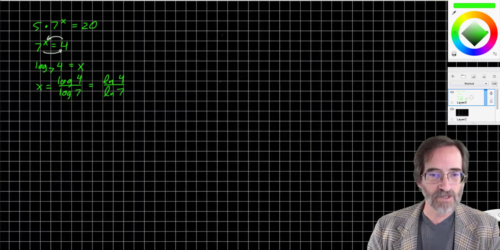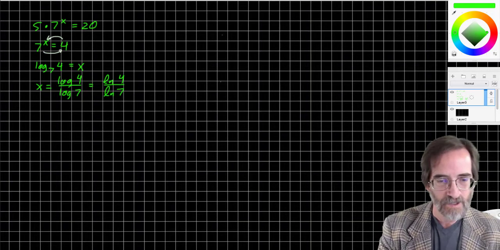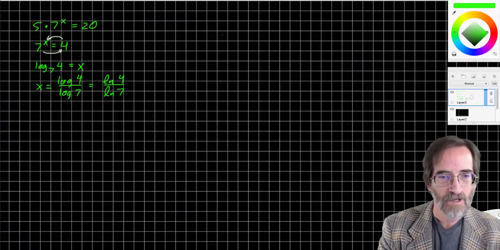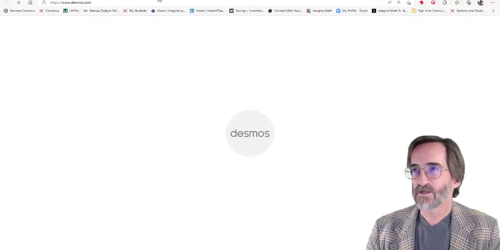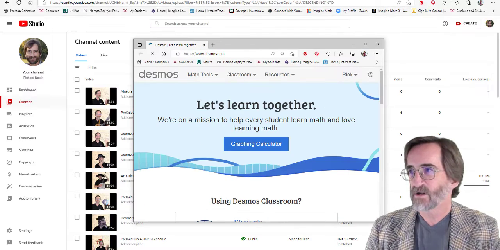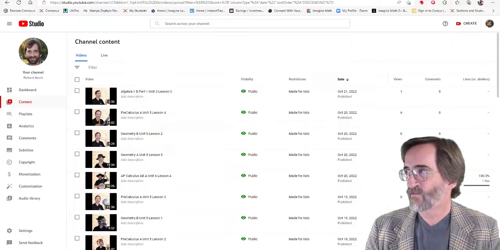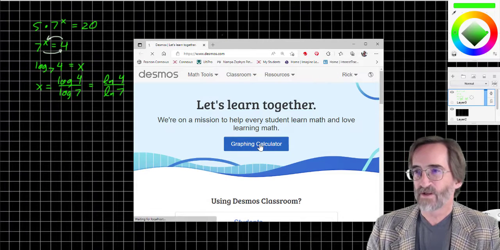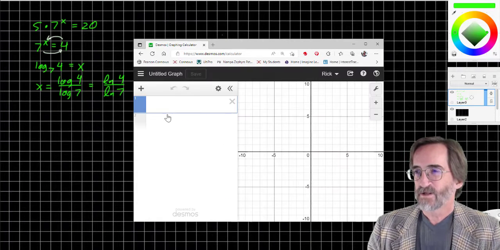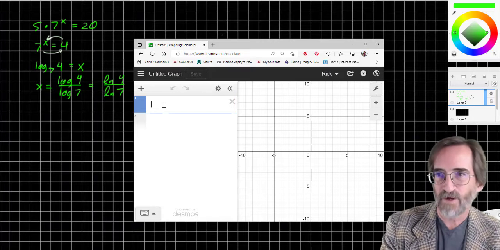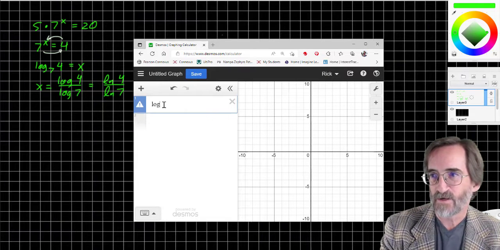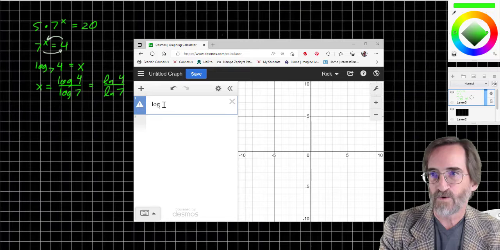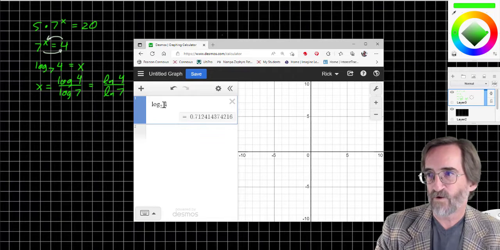So let's pull up Desmos. Desmos.com. Okay, get rid of that. All right, graphing calculator, and I'll demonstrate first how to find the log base 7. So log base 7 of 4.